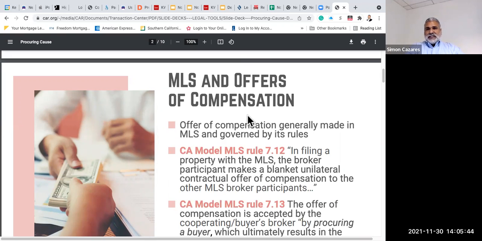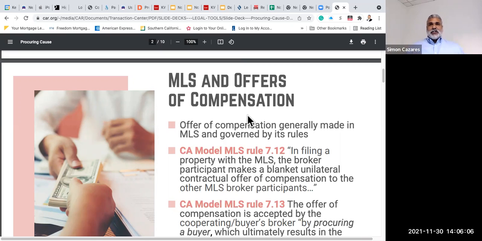It starts with the multiple listing service and the offer of compensation, because that's where the core of information is, because you have to lead to an argument for why you're entitled to a commission. It's a very simple process if you understand every element of your position.